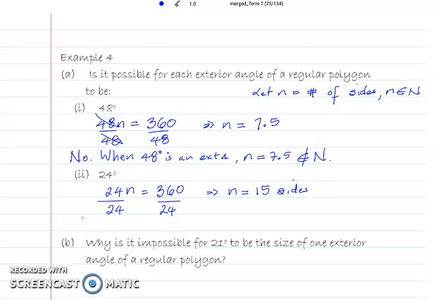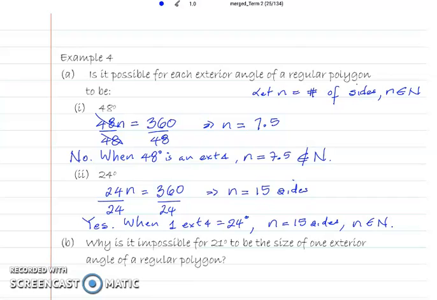So the answer here would be yes. Yes, 24 can be the size of an exterior angle. And this is because when one exterior angle is equal to 24 degrees, n is equal to 15 sides, and n is an element of the set of natural numbers.